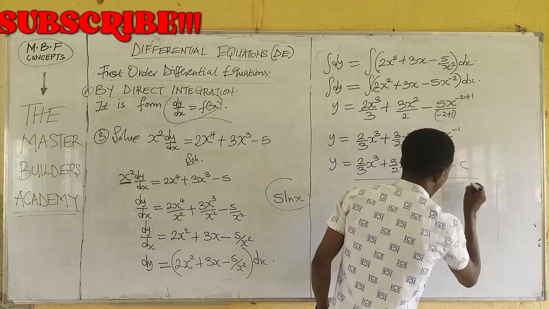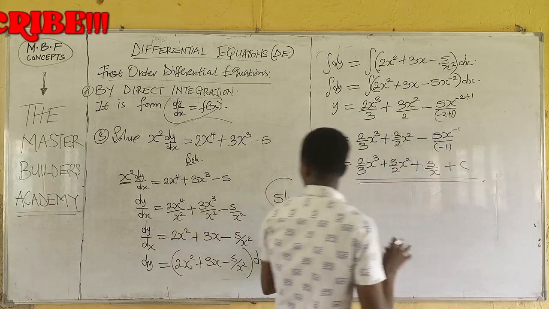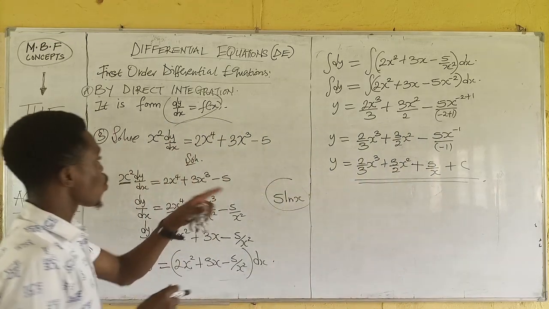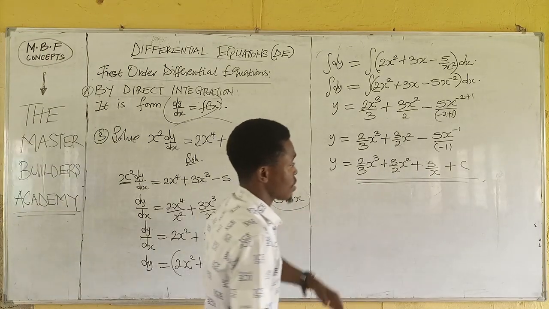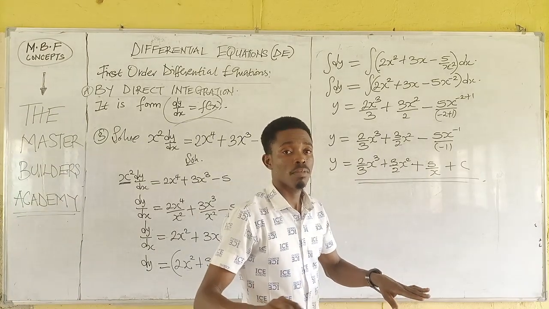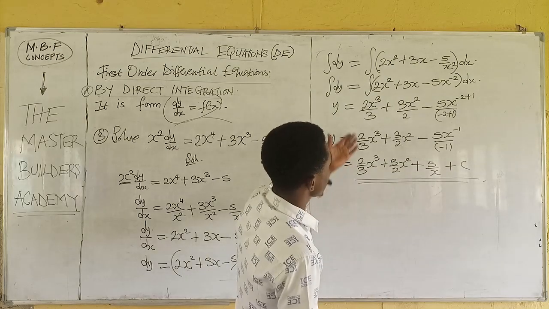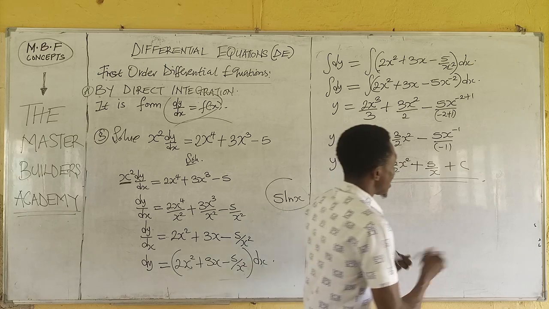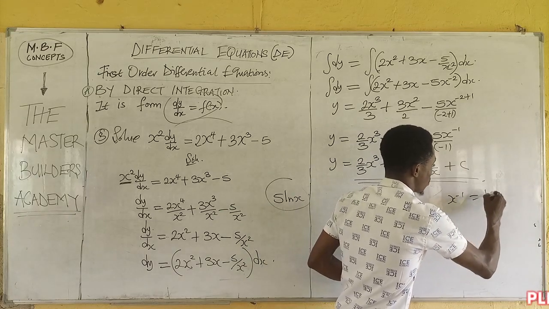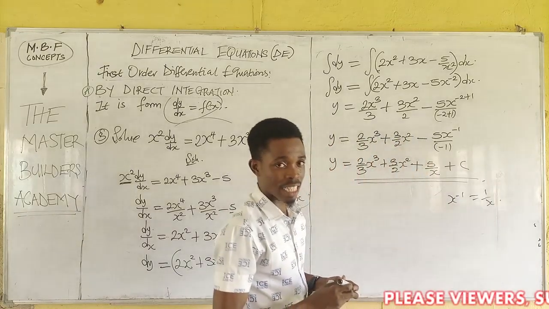This is our answer to this particular question on the board. It's as simple as this. Very simple. Understand that x to the power minus 1 is equal to 1 over x.